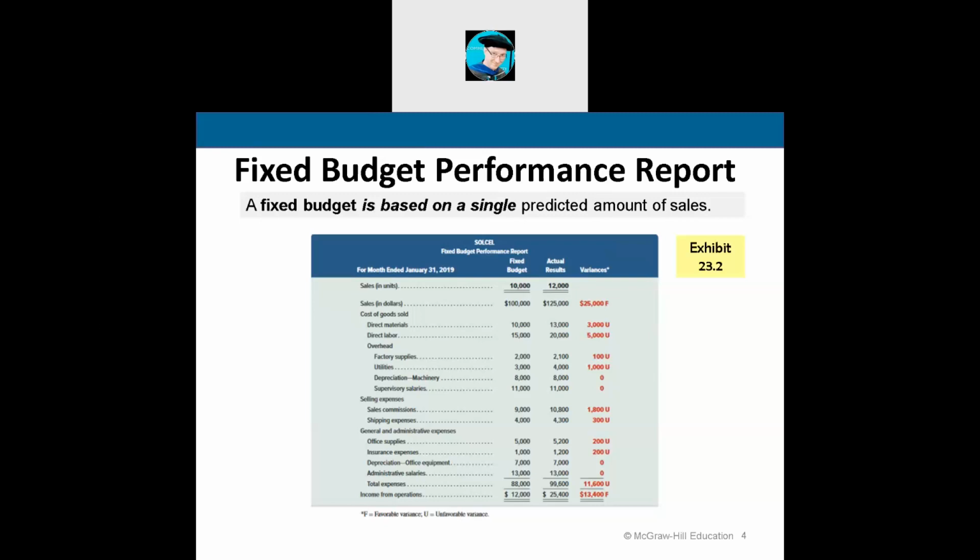We look at the difference between the budgeted amount and the actual results. We're going to look at both approaches, the fixed approach and the variable approach. The fixed budget, or static budget, is based off of single amounts. What that means is they're based off of a fixed dollar amount.